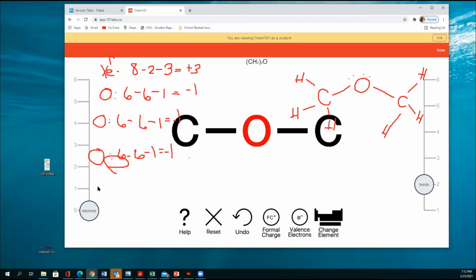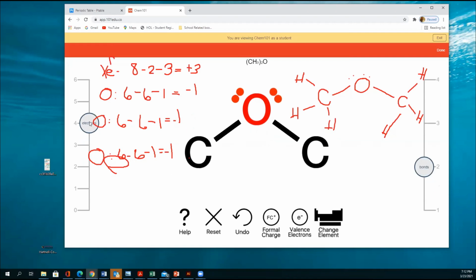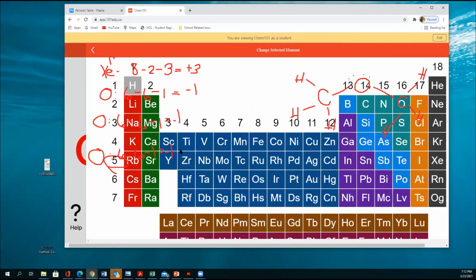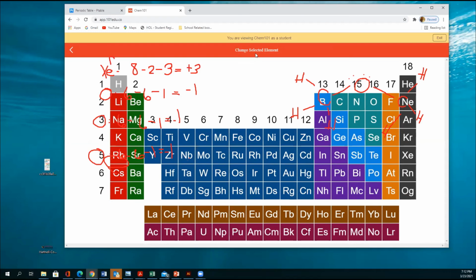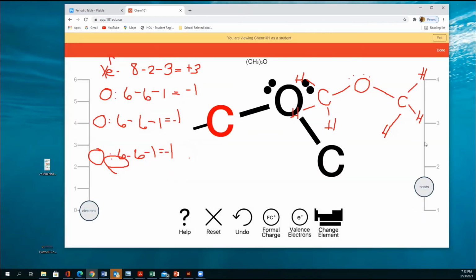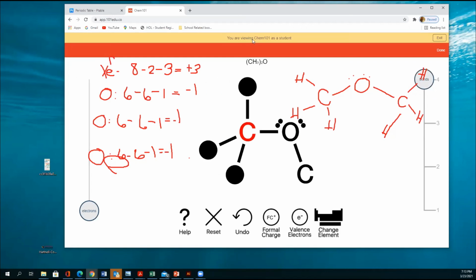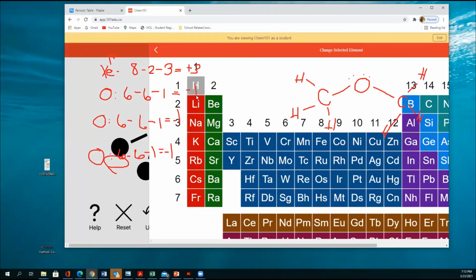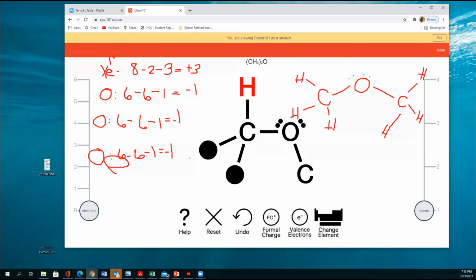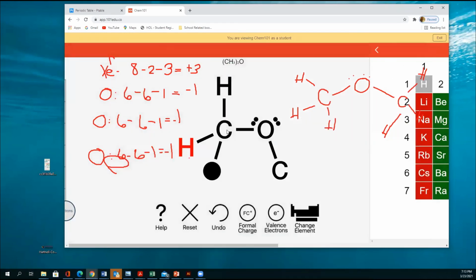This carbon is going to have 3 bonds, 4 bonds. Hydrogen, hydrogen, hydrogen.